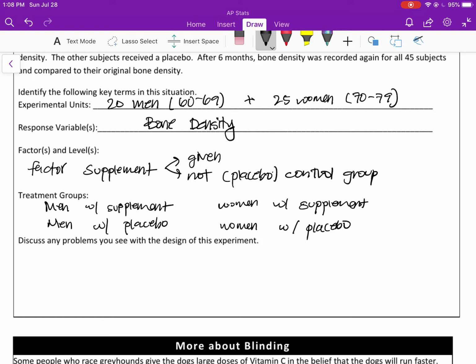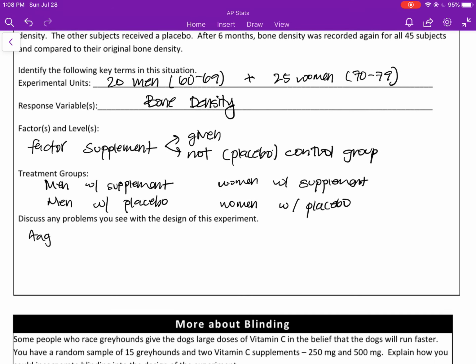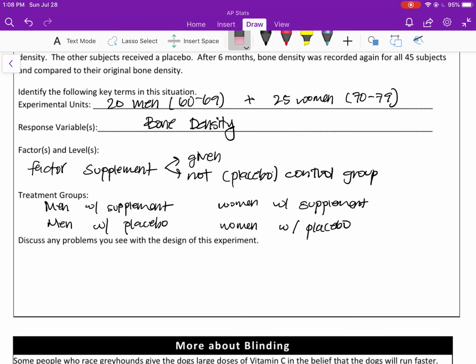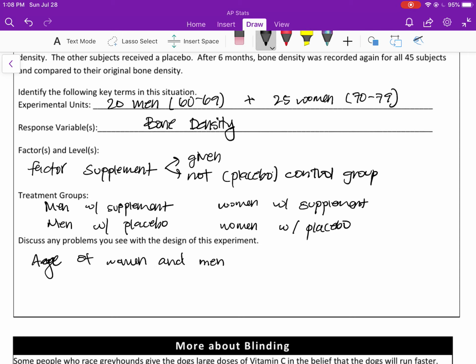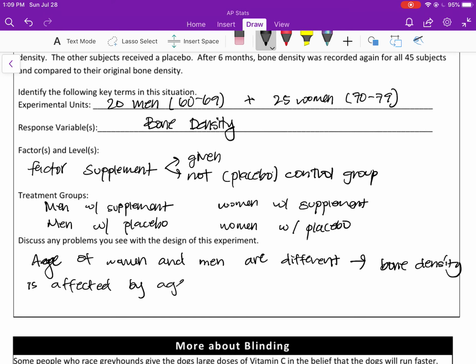So one of the biggest problems that I'm seeing right now is the ages. The age of women and men are different, and bone density is affected by age.